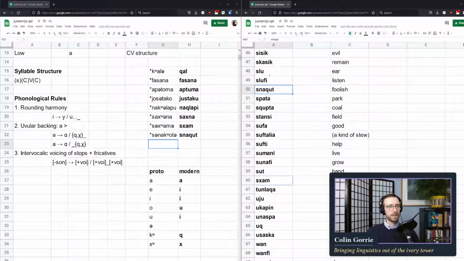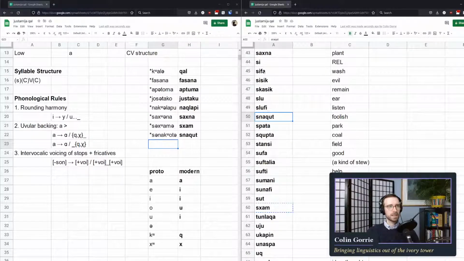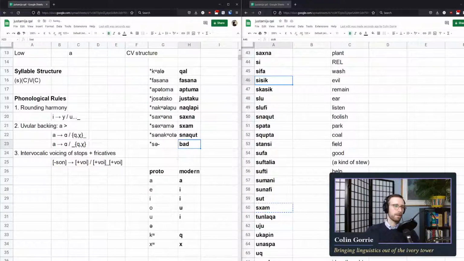Snakot, slufi, skasik, sizik. Okay, so what if we had this as a prefix that meant bad or evil, just bad in some way? Let's use this. So we have this prefix which means bad, and then we have naquota, which means wise.